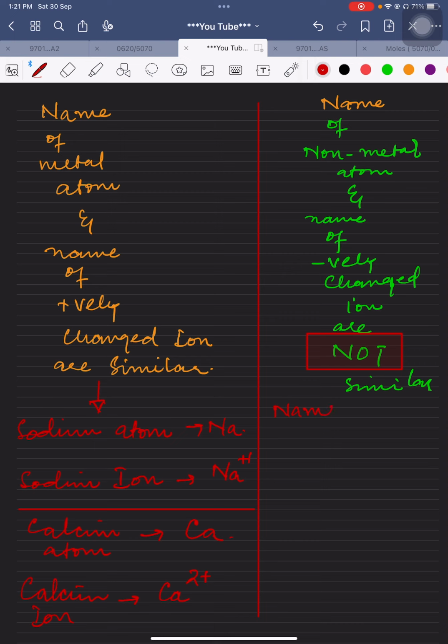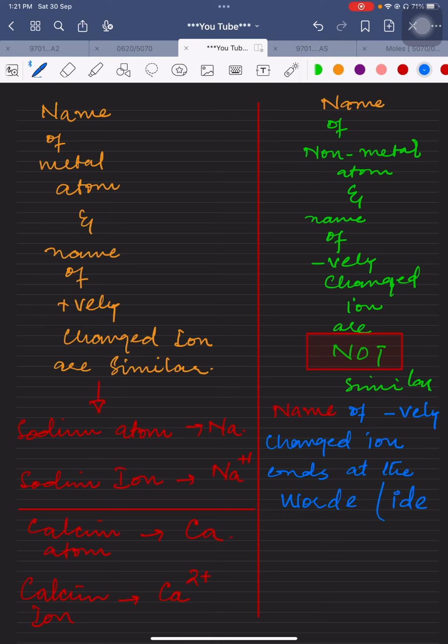But in this case, the name of the negatively charged ion ends with the word IDE.